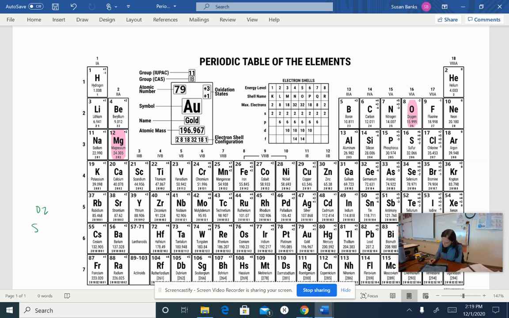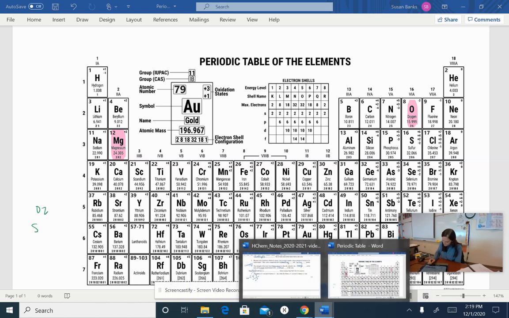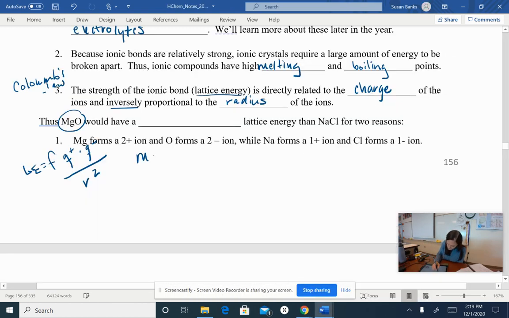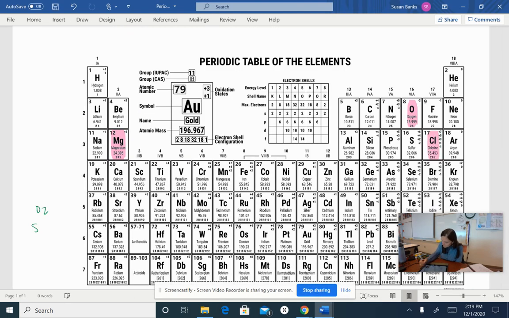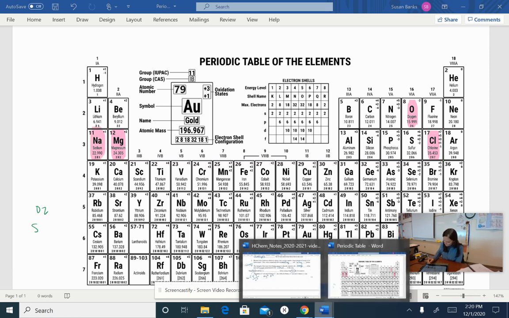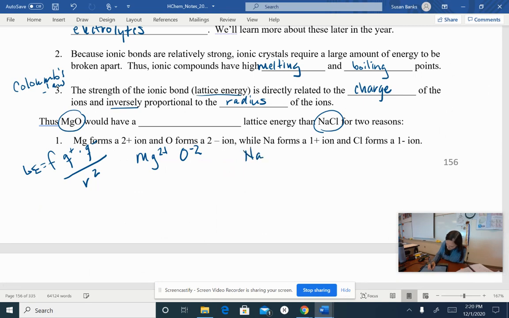Then if we look at sodium chloride, on the other hand, sodium's a +1 and chloride is a -1. So just based off of the charges, we're going to have 2 multiplied by 2, which will give us 4, and we're going to have 1 multiplied by 1, which will give us 1.